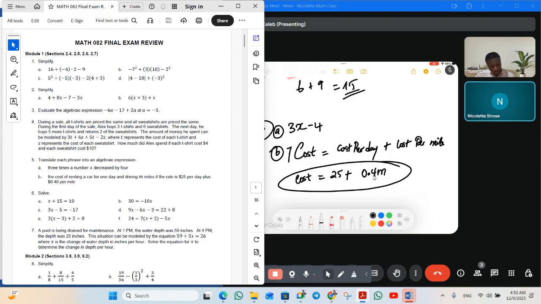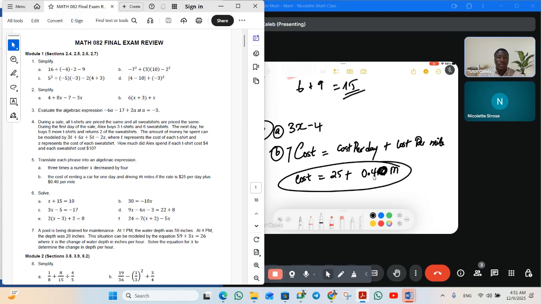Also, why did you put M? It says cost of renting a car for one day and driving M miles, and they said 0.40 is per mile. So is that why you put M with it? Or is it okay if we don't put M with it?